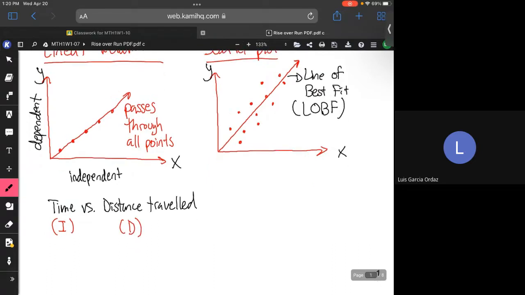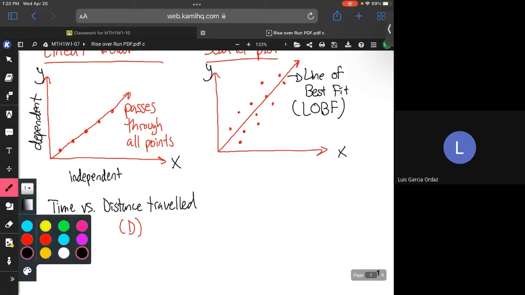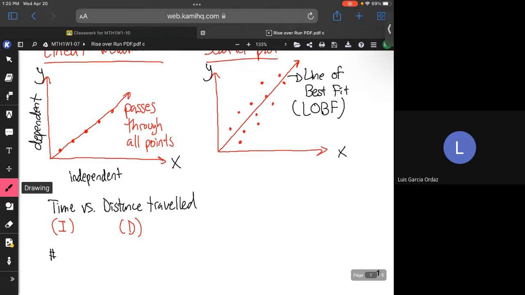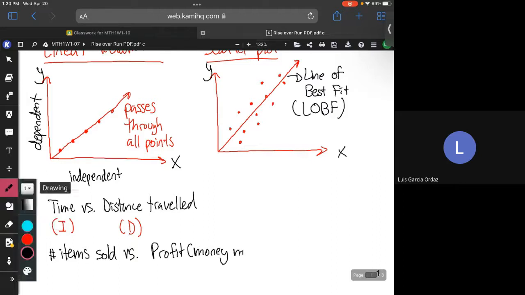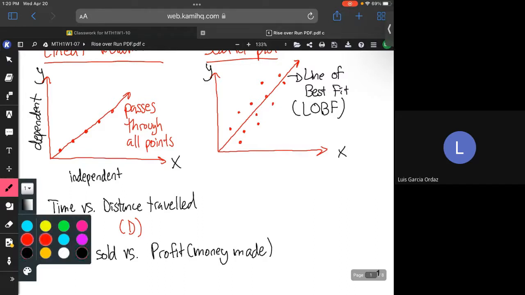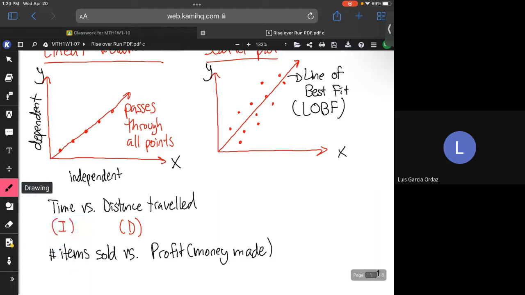Okay, let's go with another one. Number of items sold versus my profit or money made. Which one would be my independent and which one's my dependent in this case? Does my profit depend on the number of items I sell, or does the number of items I sell depend on how much I make? Maya?